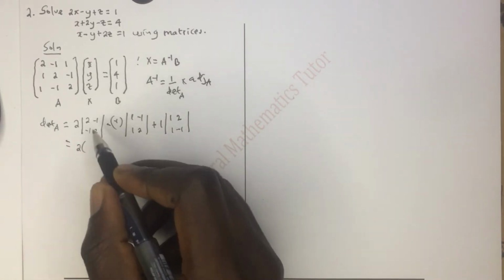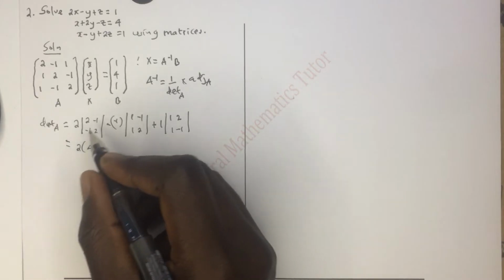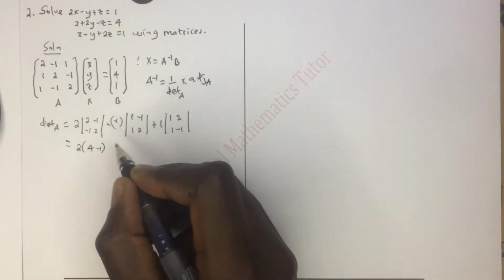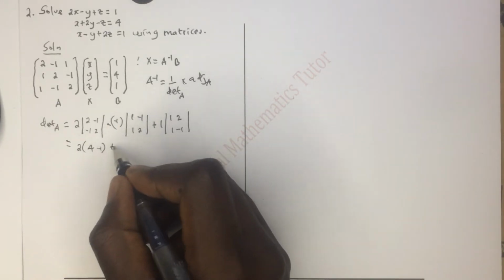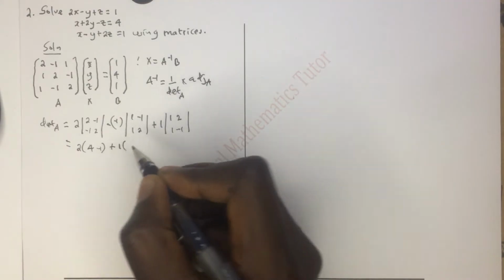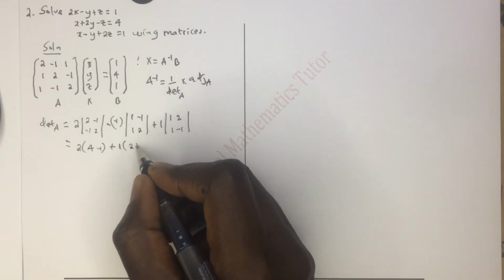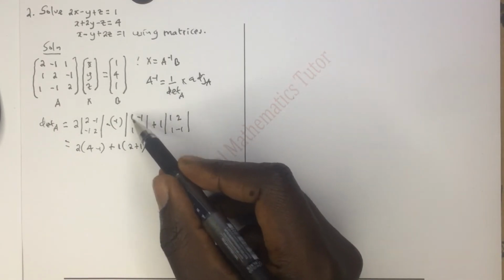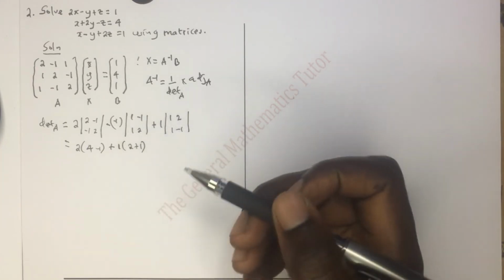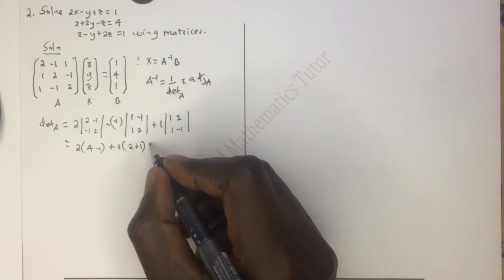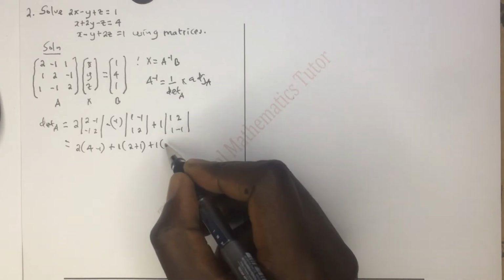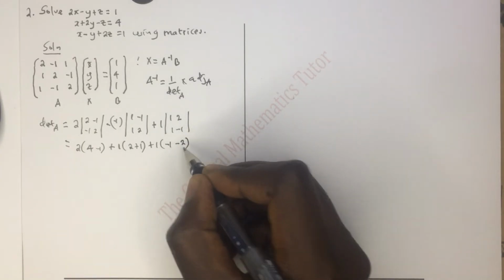So 2 into 2 by 2, that is 4, minus 1. Then we have minus minus, that is plus 1. Then you have 1 times 2 minus negative 1 times negative 1, which is 2 plus 1. Plus 1 into negative 1 minus 2.